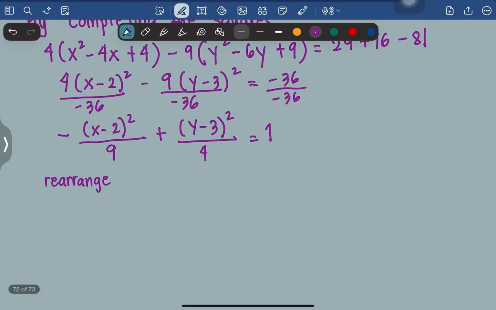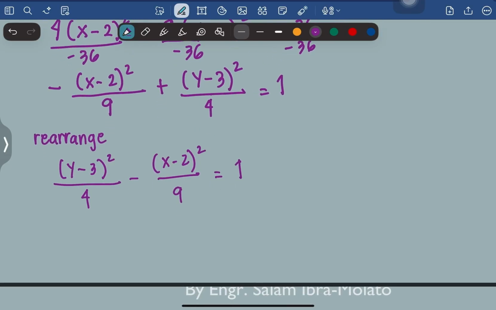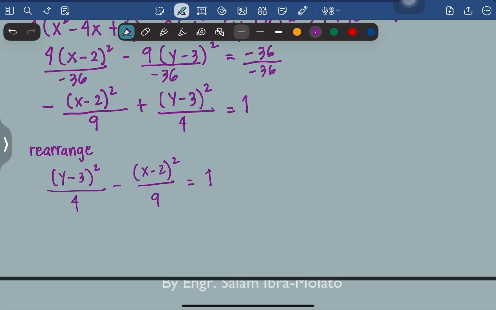So by inspection, it opens vertically since the positive term is y squared minus x over 9 equals 1. So, it opens vertically.